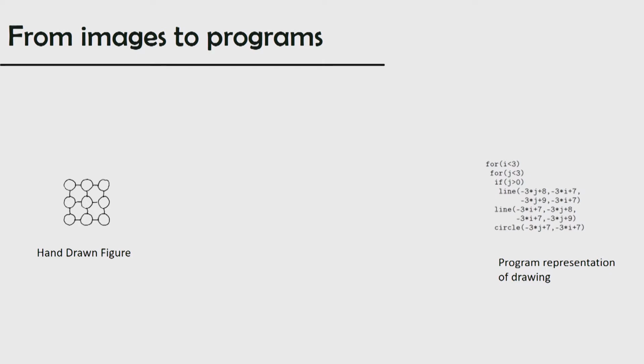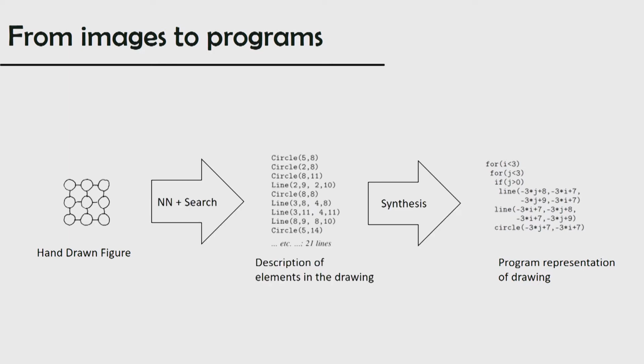So essentially, what we wanted was to go from these hand-drawn figures to a program that describes the logic underlying that diagram, which allows that kind of generalization. The basic strategy was that we started with a combination of neural network and search to go from the hand-drawn drawing to a symbolic representation of it.